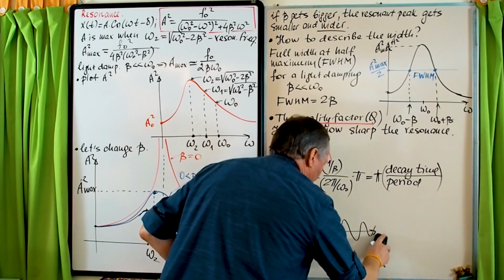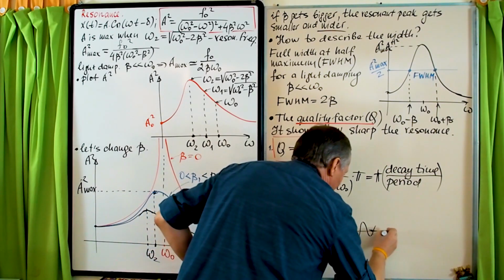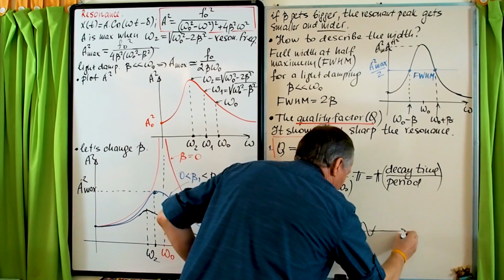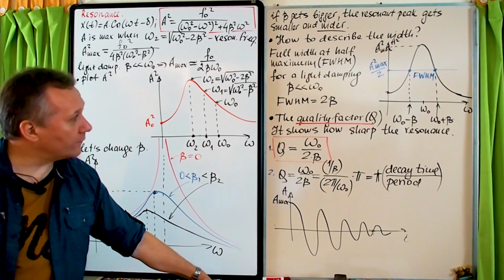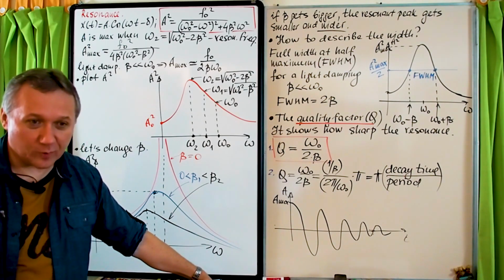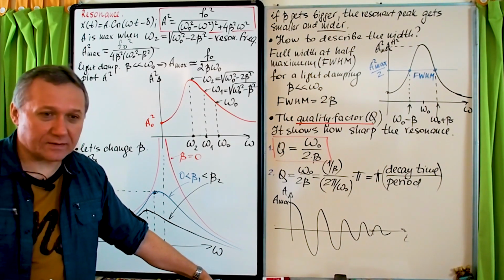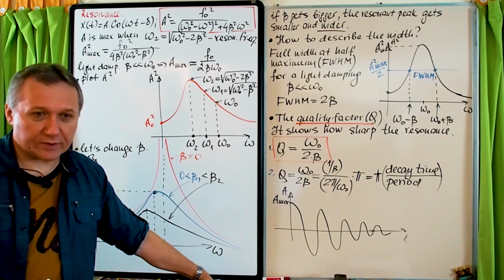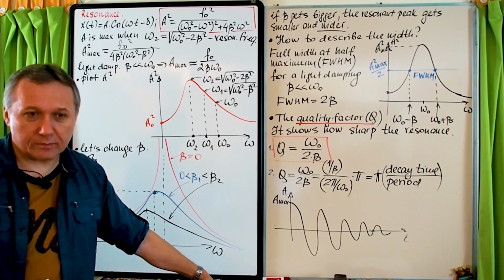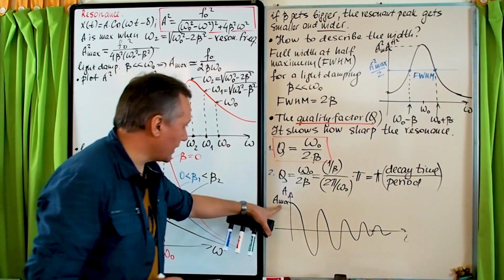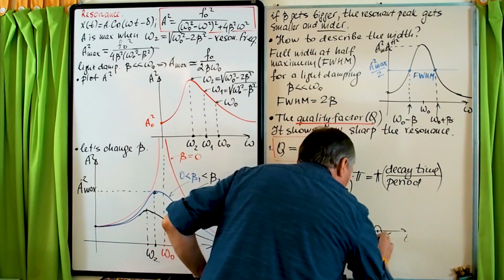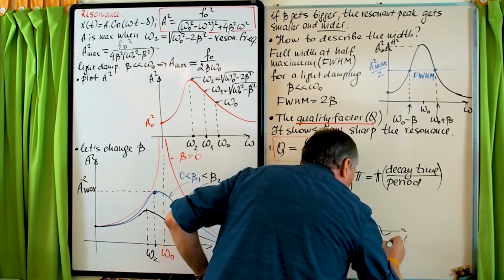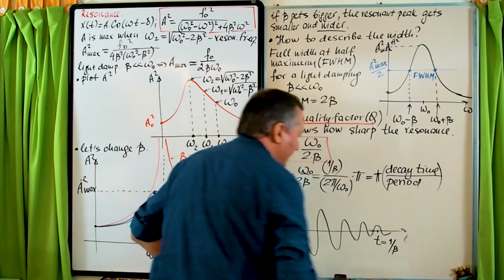I probably should have made it longer. Okay, so first I want to see the decay time, 1 over beta. Again, it's the moment of time when the amplitude gets reduced by a factor of e. So this is a maximum. Let's say at this point, it's t equals 1 over beta, the decay time.